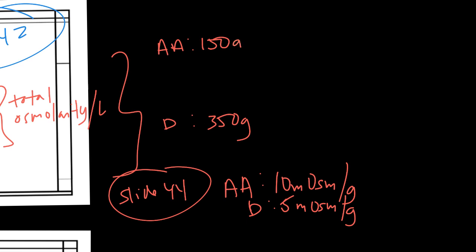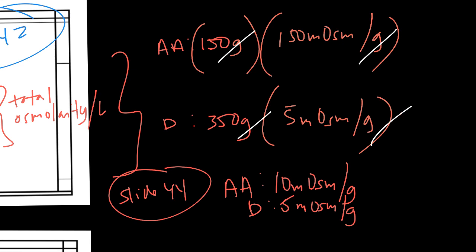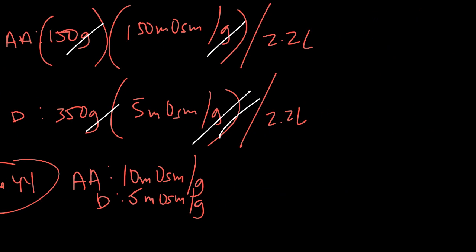So 150 grams of amino acid. Let's cancel out units. So 10 milliosmol per gram and 5 milliosmol dextrose per gram. Grams cancel, leaving milliosmols. But you remember you need units, so divide by your volume, 2.2 liters. Divide by 2.2 liters gives you milliosmol per liter as your final units.